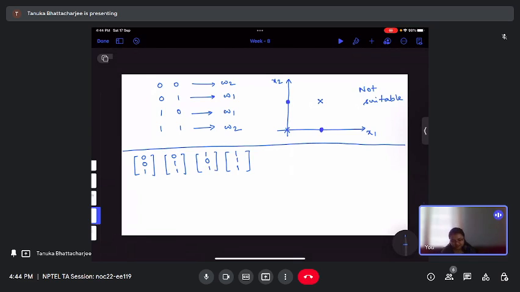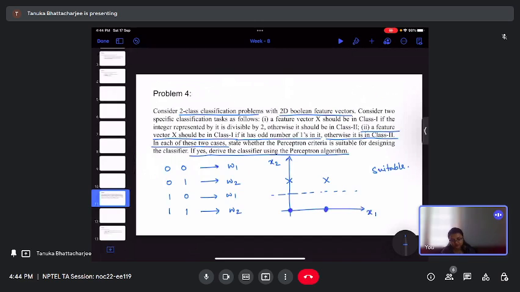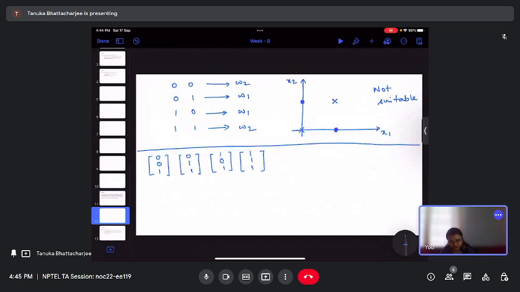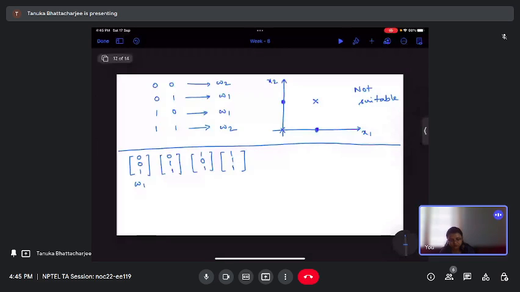Now, among these, the alternate ones are in different classes. So, this is in omega 1, this is in omega 2, this is again omega 1, this is again omega 2, right. Now, whichever belong to one of the classes, let us say omega 2, let us say we multiply those by minus 1.